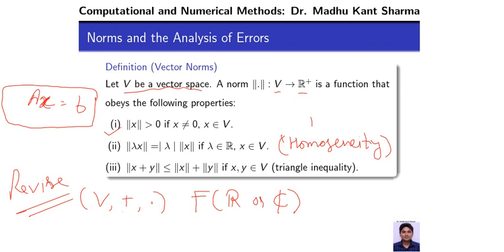If you recall, magnitude is itself a norm. The mod function is from R to R plus. Mod x is always greater than 0 if x is non-zero, that's the first property.